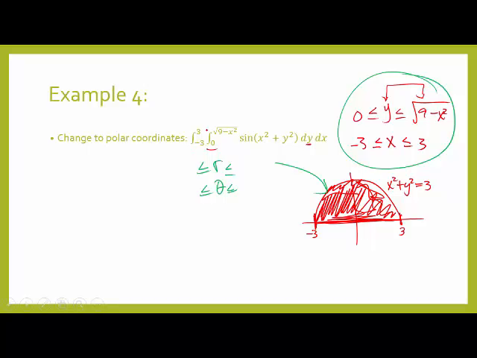Now that it's drawn out, this part is going to be really easy. r goes from where to where? r goes from the radial distance from 0 to 3, and then theta goes from 0 to pi. So now our integral is a sine of x squared plus y squared. I think that's just r squared, right?